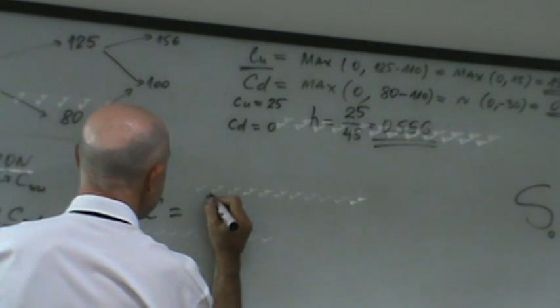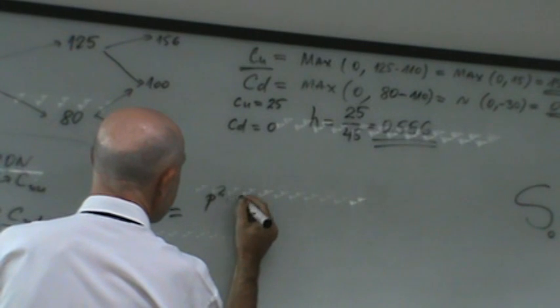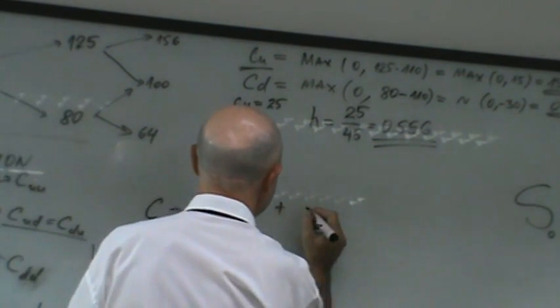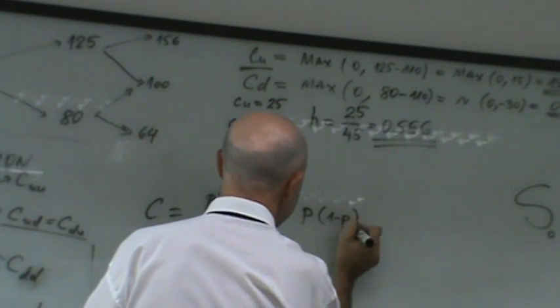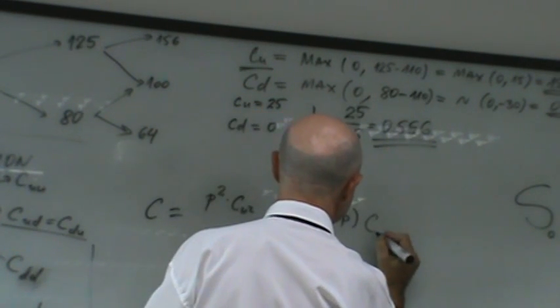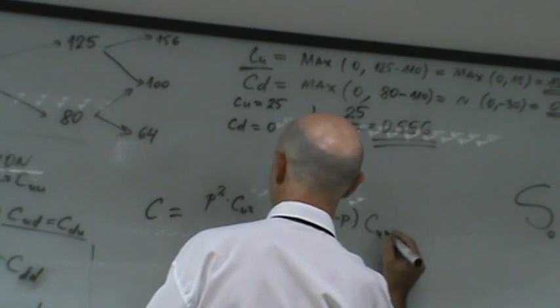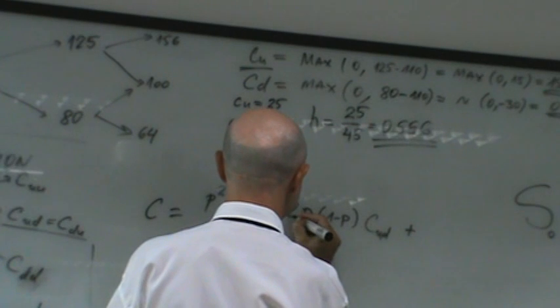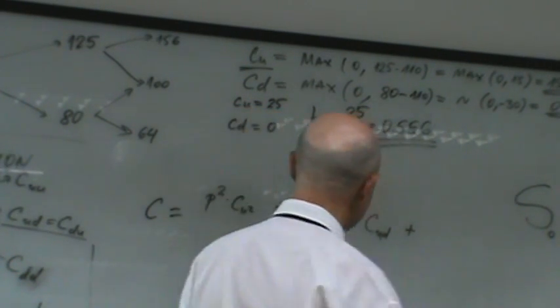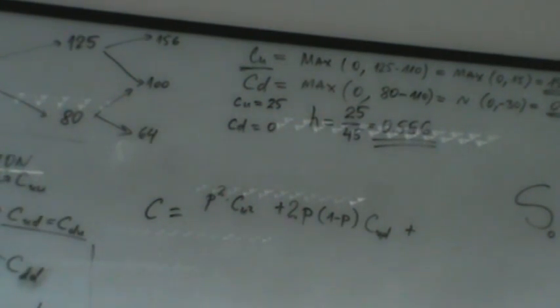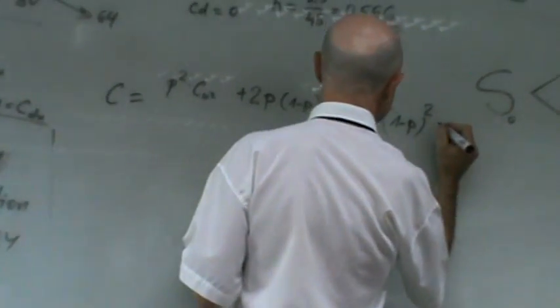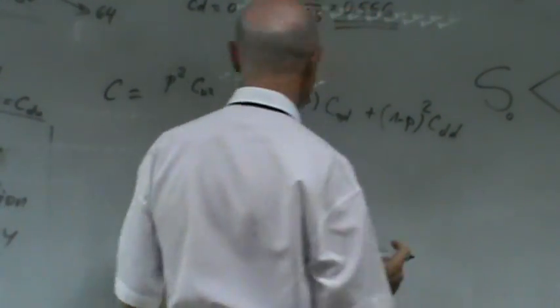C equals P squared times CUU, plus 2 times P times (1 minus P) times CUD, plus (1 minus P) squared times CDD.